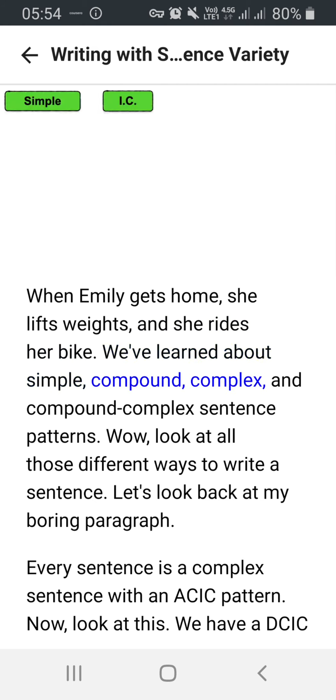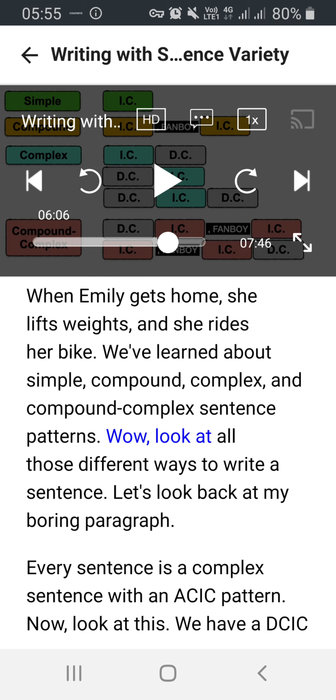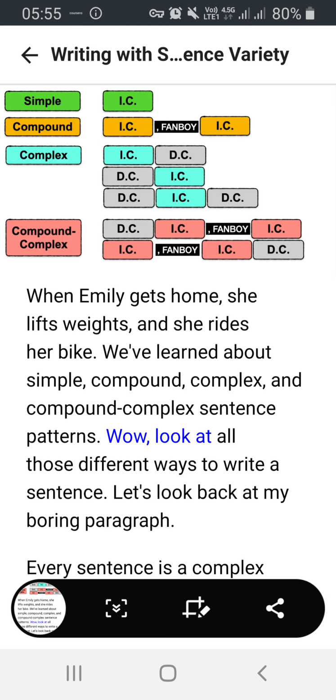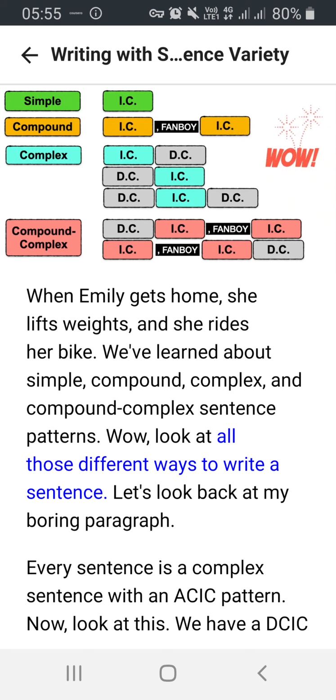Okay, we've learned about simple, compound, complex, and compound complex sentence patterns. Wow, look at all those different ways to write a sentence.